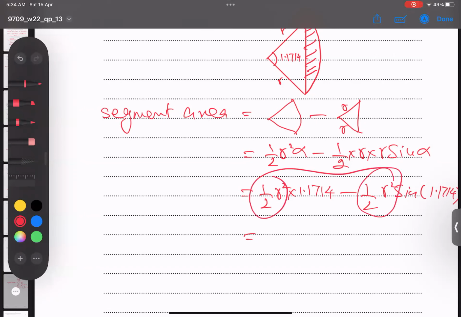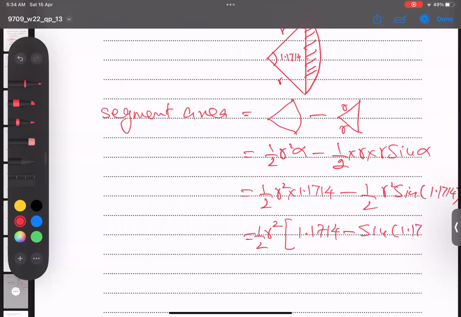Look at it. Yes, I can, or take r squared common out. Inside I get 1.1714 minus sine of 1.1714. I believe this is very clear.